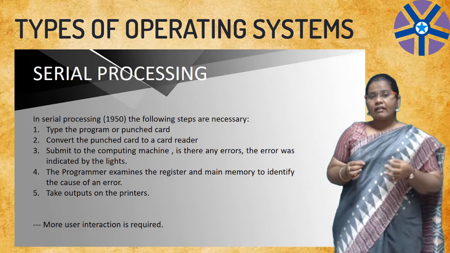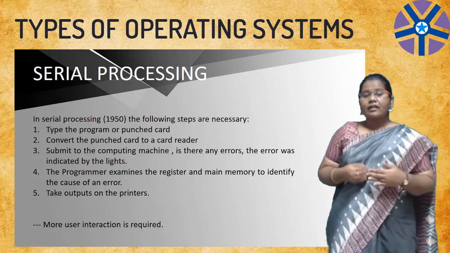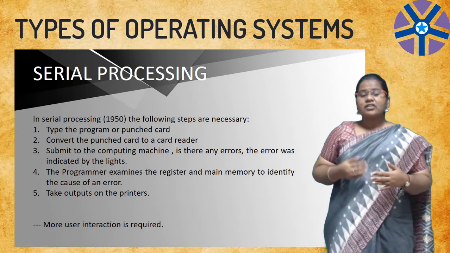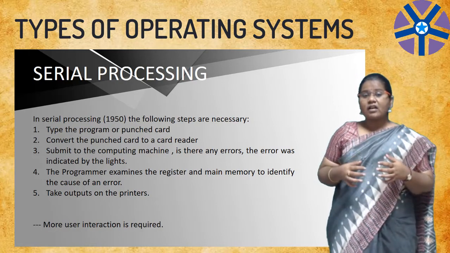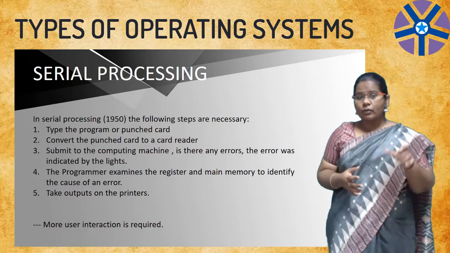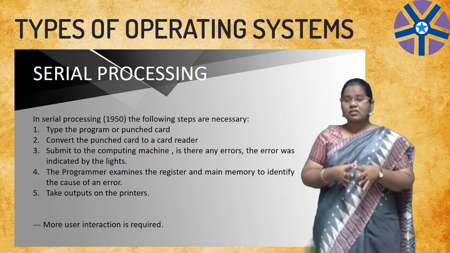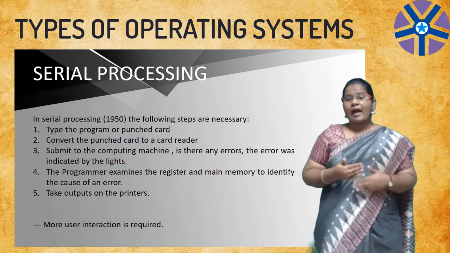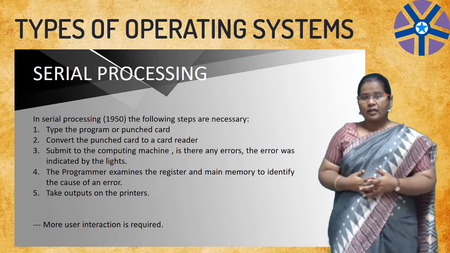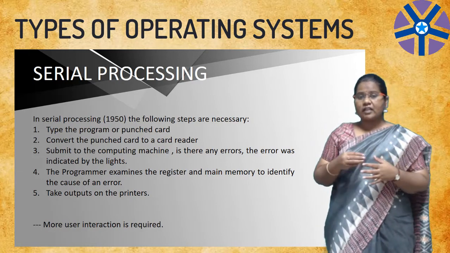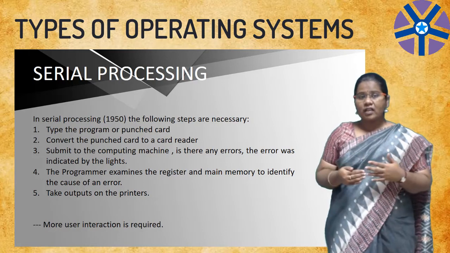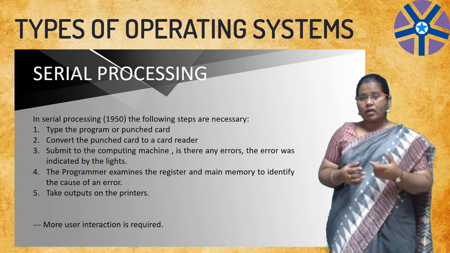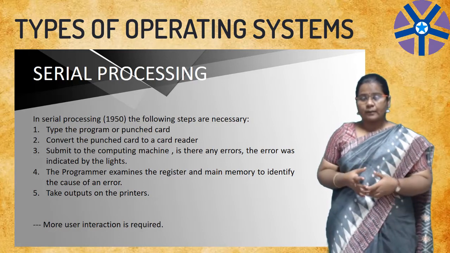If the red light is given by the computing machine, the user again has to check the registers. That is, the user will directly interact with the hardware here, because there is no software to act as a mediator between the user and the hardware. So the user will check the registers. How will he check what data is present and what the error is?